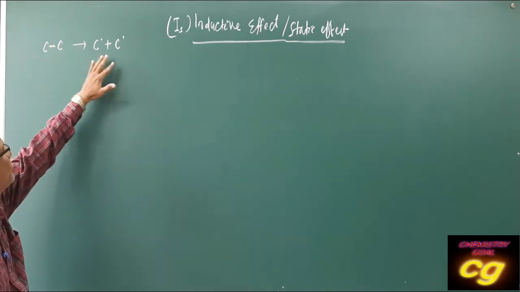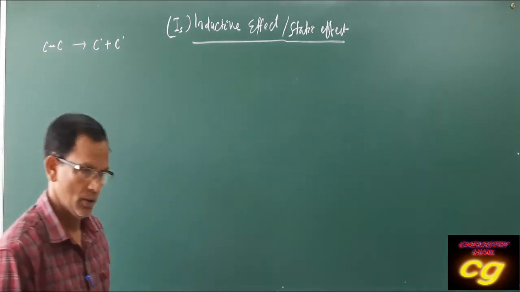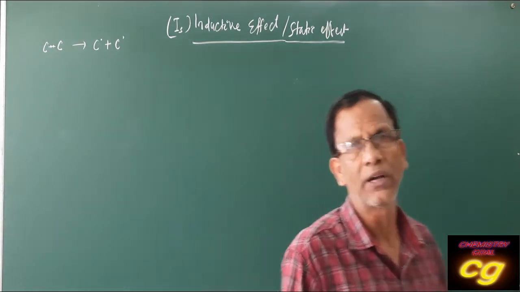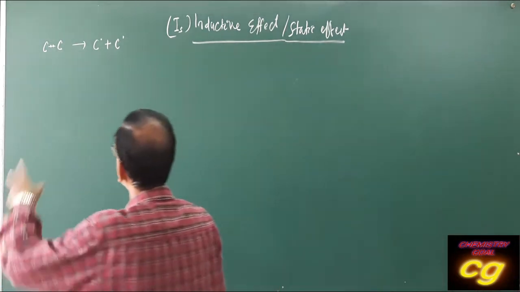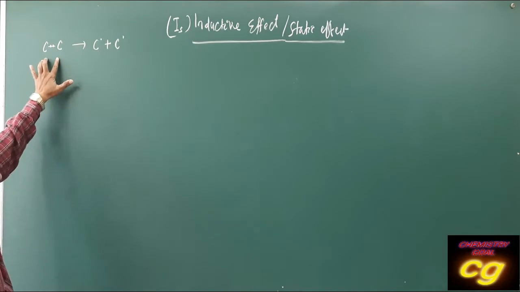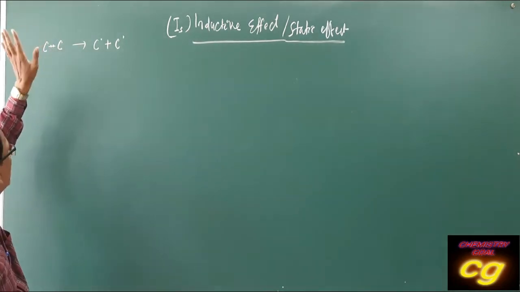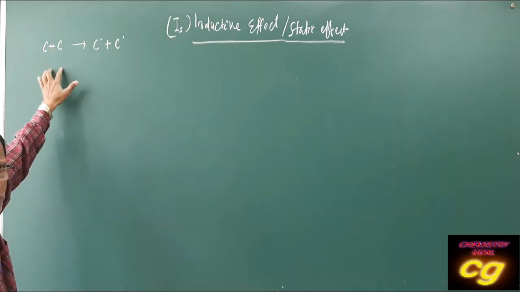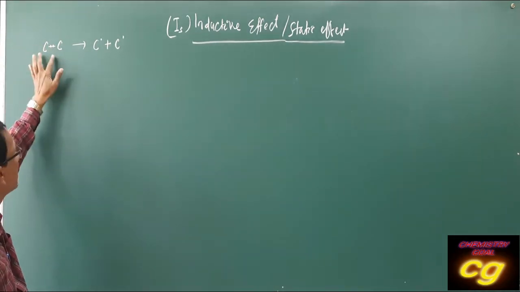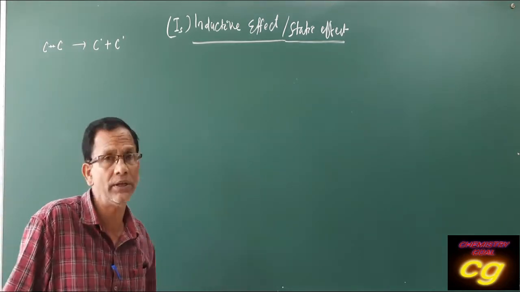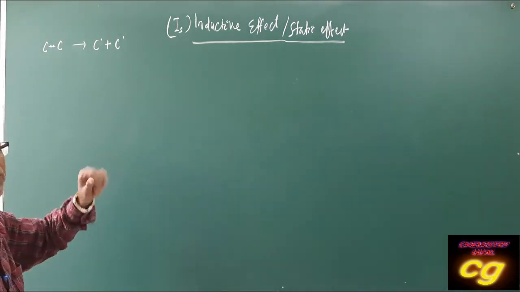So there is no formation of positive charge on the atoms, because the electronegativity difference is the same. That's why the shared pair of electrons gets divided between the bonded atoms equally. There is no formation of charge.